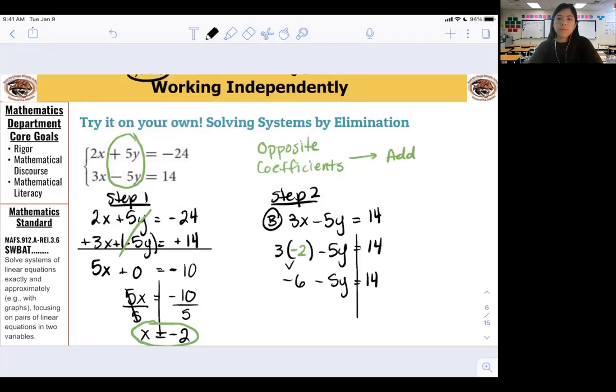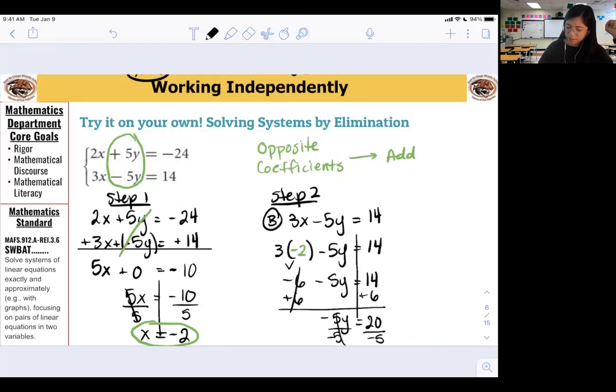The 6 first, right? We're going to add that 6 first. 14 plus 6 is 20. Both sides divided by -5. -4. We got -4. Nice job.